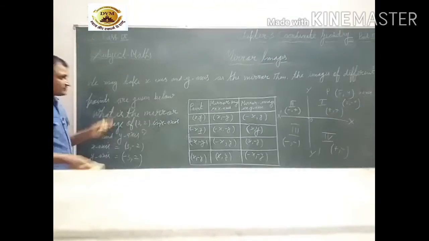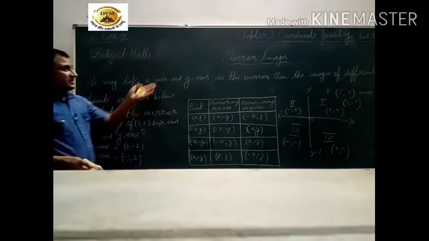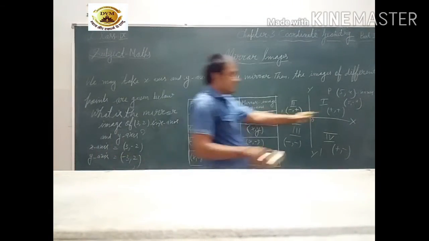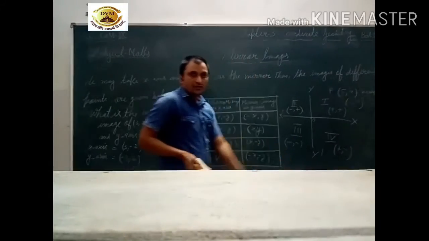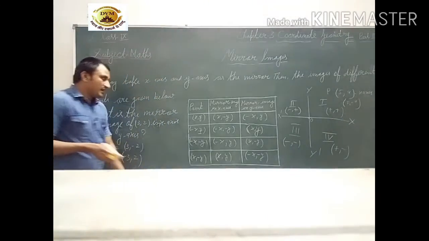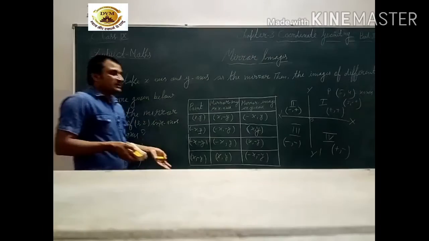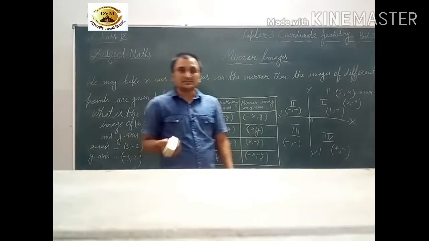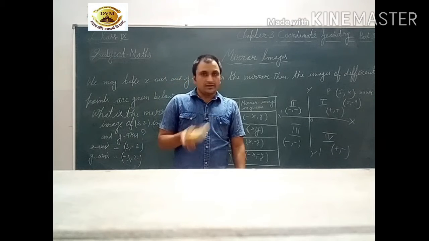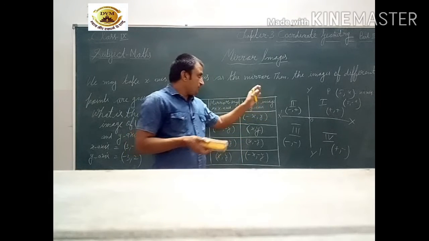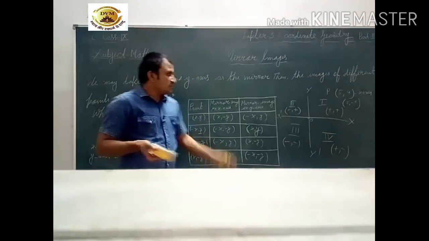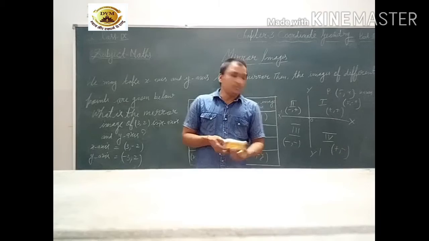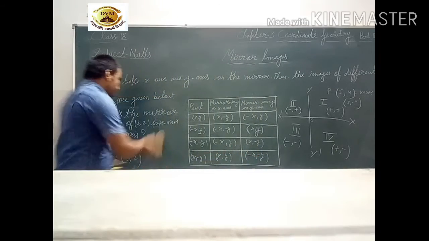This is the description of mirror image in both axes. All have understood? I repeat it again. When we see the mirror image of any point in x axis, we change the sign of the y coordinate. When we see the mirror image in y axis, we change the sign of the x coordinate.